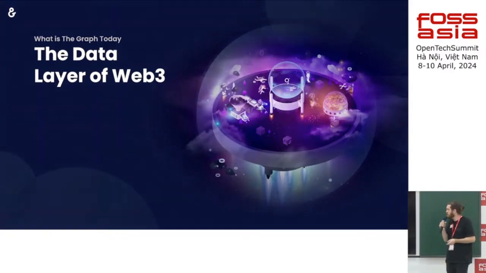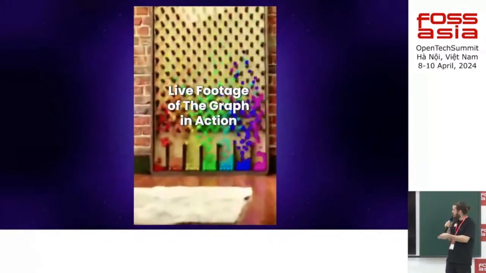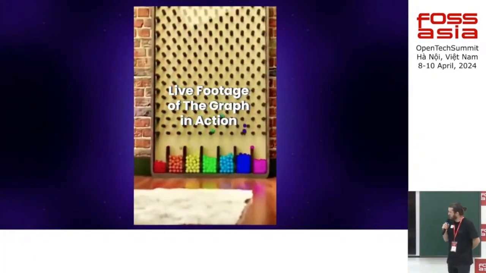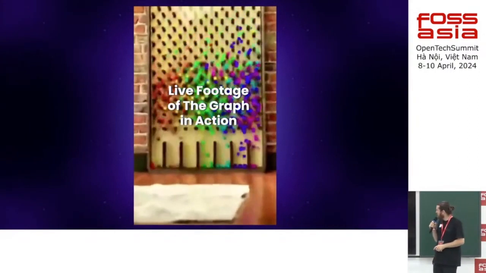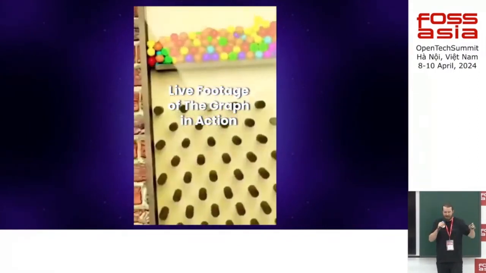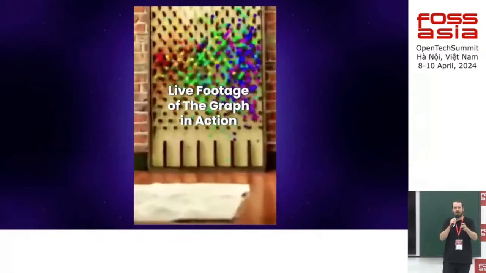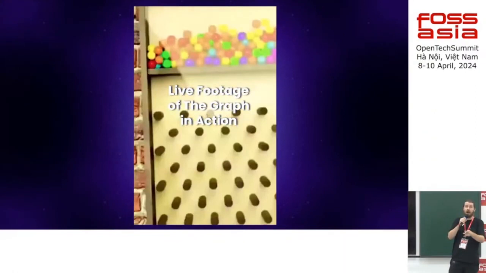They're called indexers, and this is what you actually see in live footage of what it looks like. I don't know how this works, but if anyone can tell me, that would be great. I feel like this is somehow rigged, but anyways, this is what The Graph does: it organizes that crazy mess of transactions into buckets that we call subgraphs, okay?